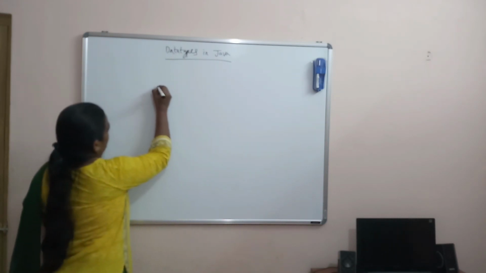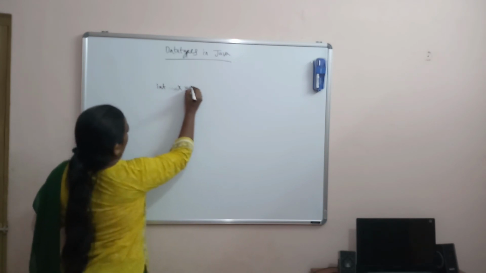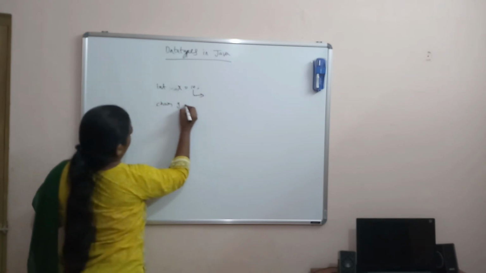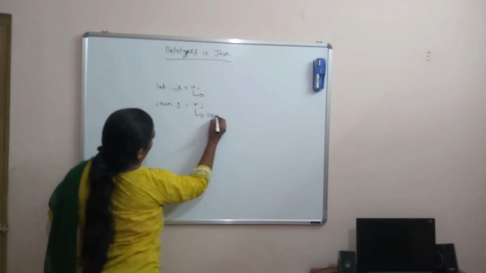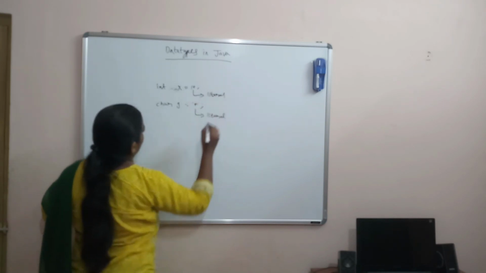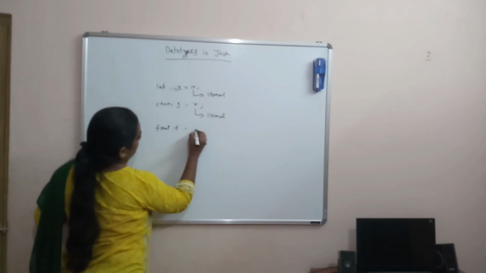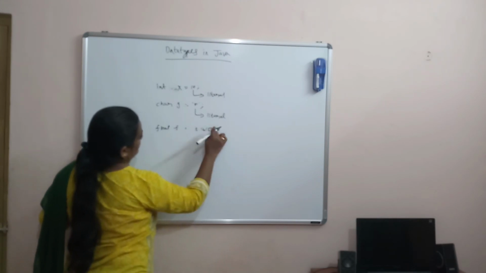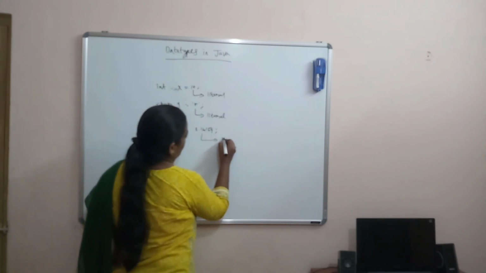For example, int x equal to 10. Here 10 is the literal. Char g equal to 'f'. Here this is a literal, a character literal. Like this we can write float f equal to 3.14159, this is a float literal.